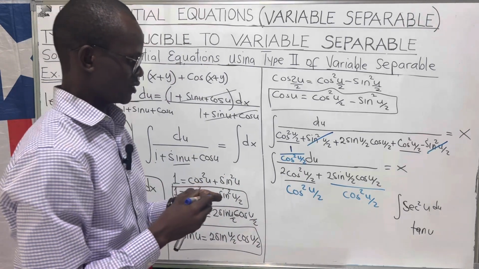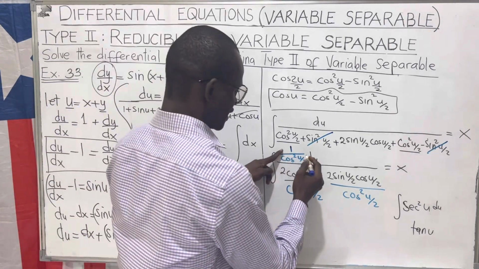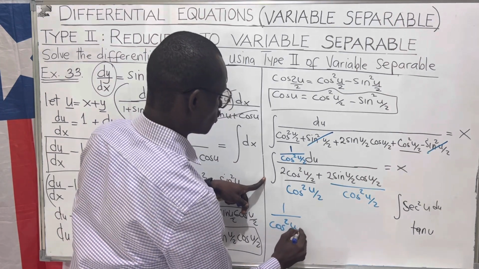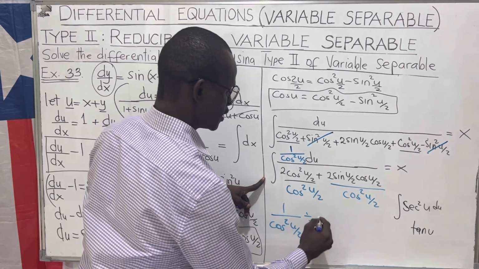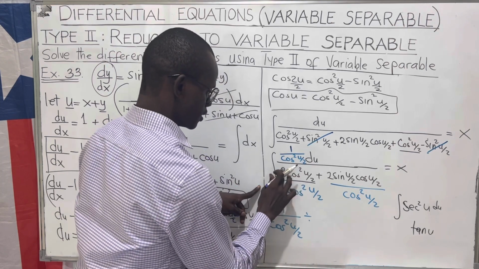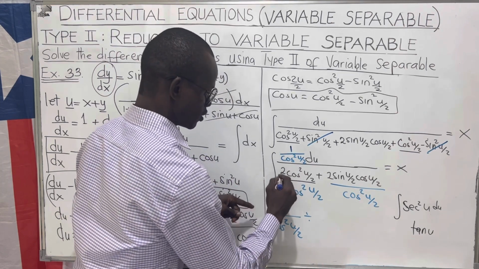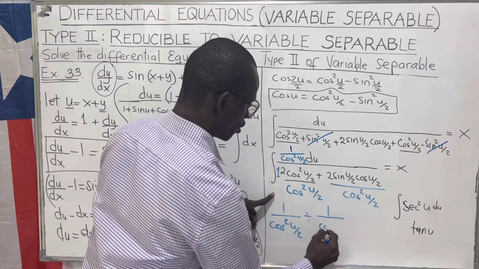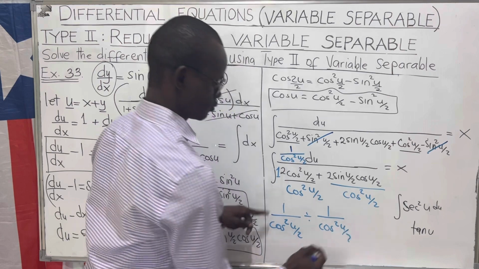It's just the same because this numerator is 1 over cos square u over 2. This is kind of like saying there's a coefficient of 1 divided by this, so it's 1 all over cos square u over 2.